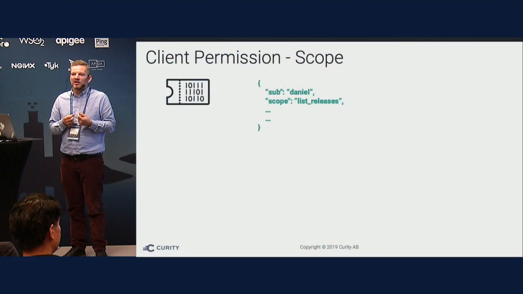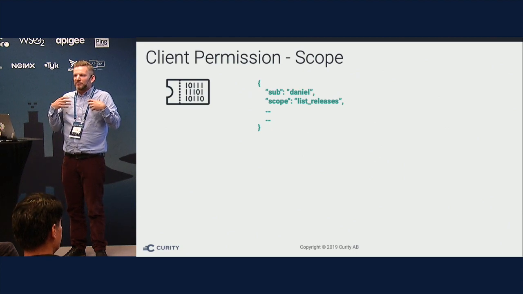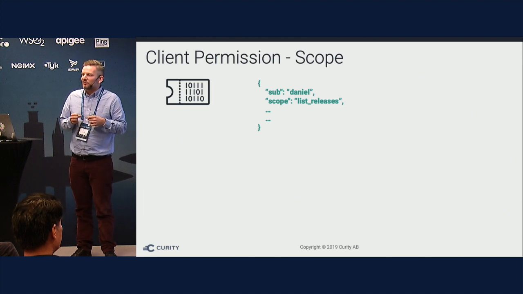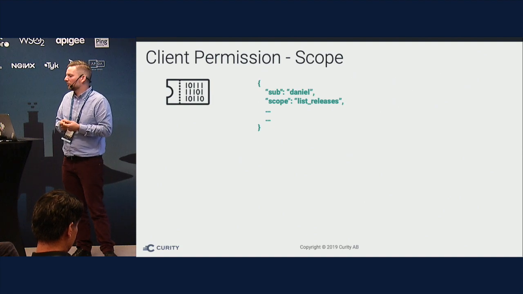And if you're familiar with OAuth, you know that there is a parameter called the scope, which roughly translates into the client permission. The token has a scope of access, and it is configurable for the client. The client can ask for different types of scopes.